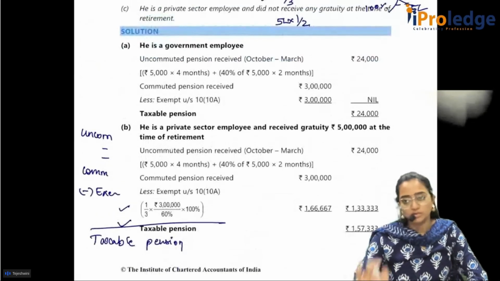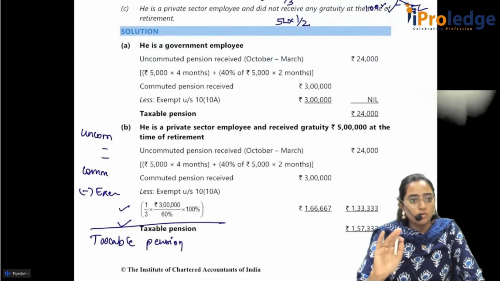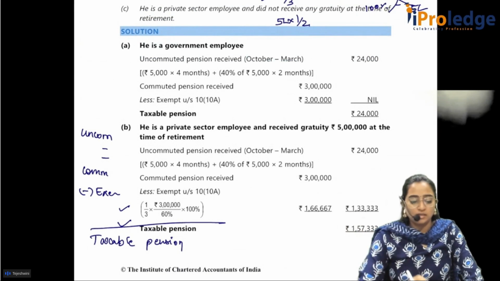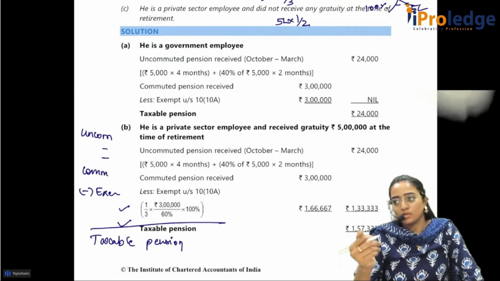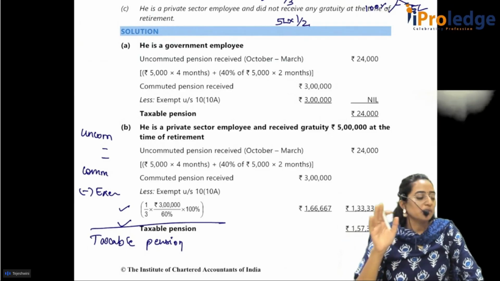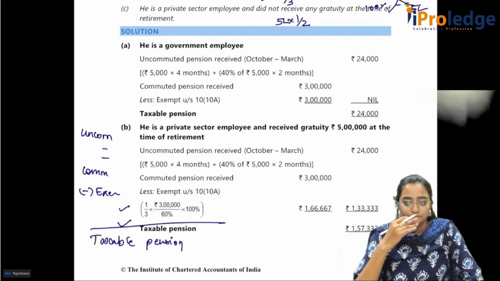Nothing is there in the pension question, people. We have a full-fledged question that is 10 times more than whatever question you are solving. It's a very simplistic one. Nothing is there in this question.